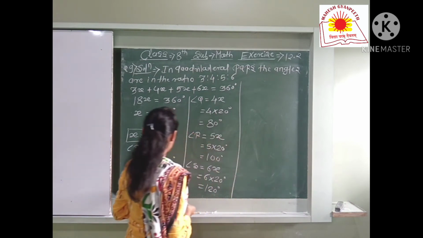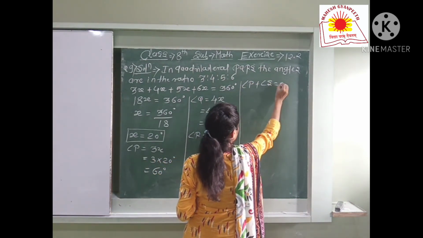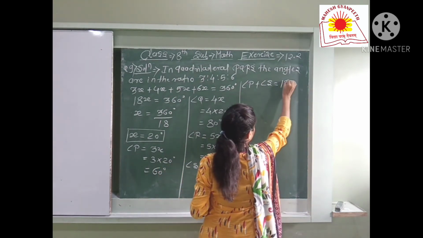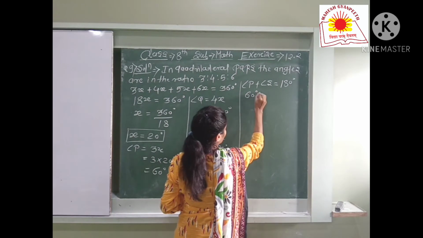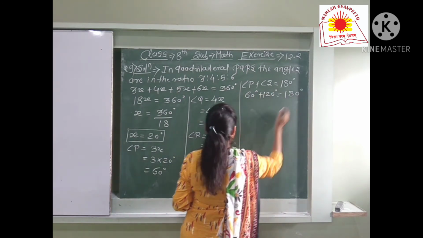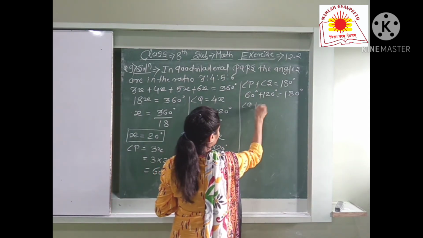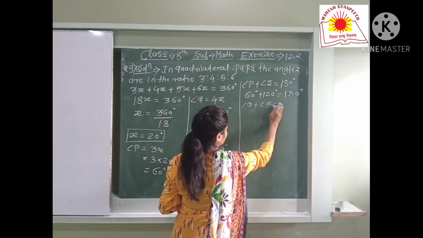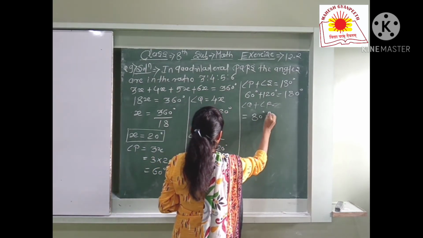Okay, so how to mention it here? See here, angle P plus angle S is equal to 180 degrees. See here, 60 plus 120. Yes, it is 180 degrees. Now next, add the other two angles, angle Q plus angle R. What is that? 80 plus 100.